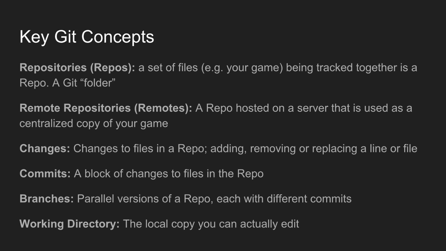And as the working directory branches away, branches is a bad word, spheres away from what you have committed and the commits it has, building it up, those are changes, and then you take those changes and they get put into commits, and then they become actual cemented parts of the repository. And all of a sudden your working directory isn't all weird and changed and offbeat from the repository. It is part of the repository. Right? Basically, that's just your live copy that you edit. And the changes you make to the working directory become those changes, and then the changes get committed, and those commits get put on branches.